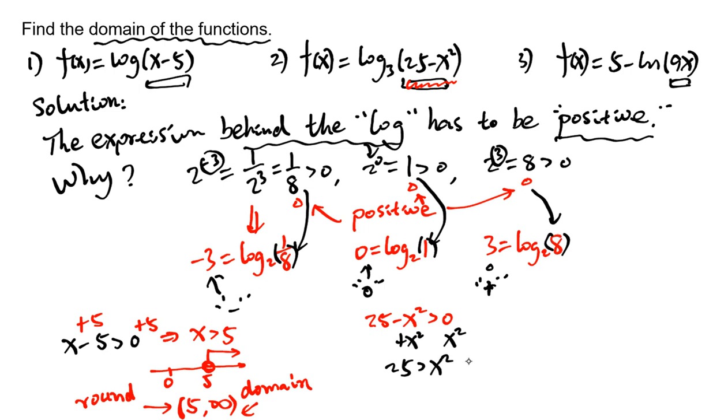Then the example would be 4 squared or negative 4 squared. Numbers smaller than 5 in absolute value, they are all less than 25.